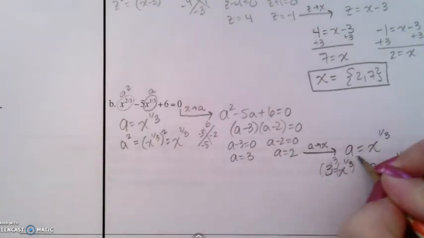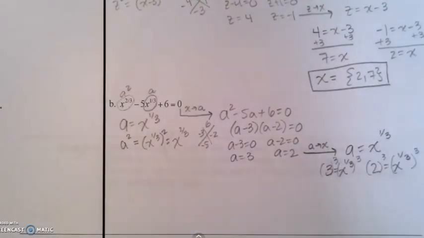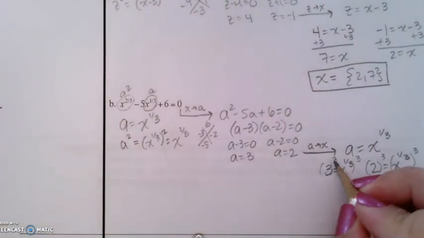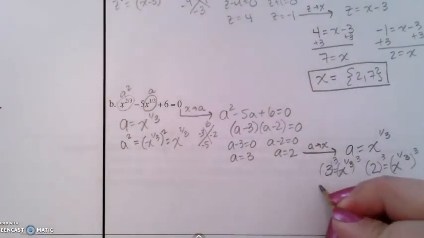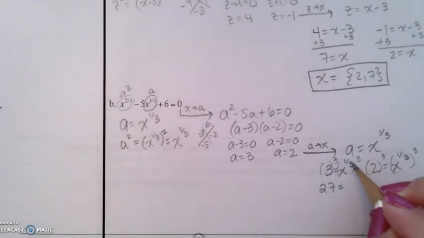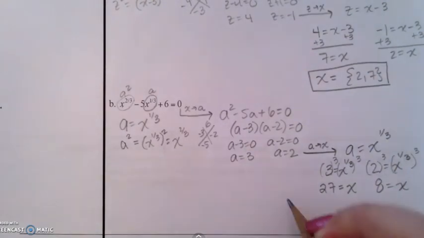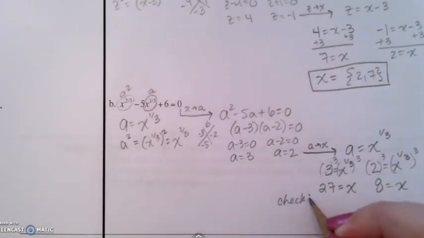To the third power, to the third power, and we'll do the same to the other equation. 3 to the third power, 3 times 3 is 9, times 3 is 27, equals x to the 1/3 times 3 is 1. That's why we raised it to the third power. And 2 to the third power is 8. And those are the answers that we want to check.